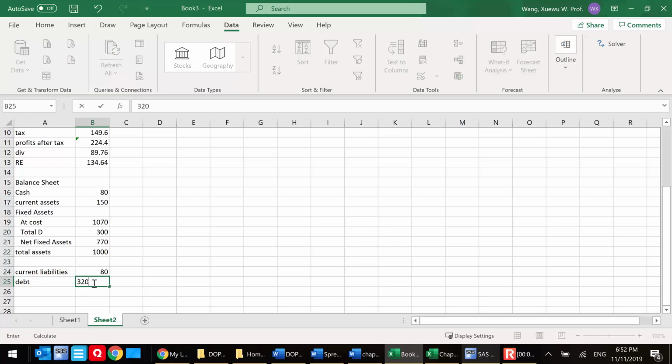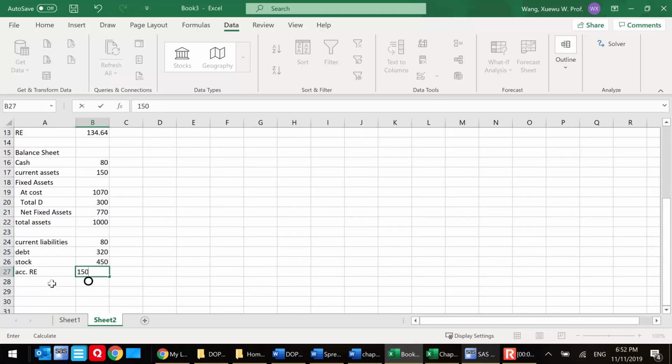Debt is actually 320. And you have the stock, which is actually 450. And then you're going to have the accumulated retained earnings. So that's going to be 150. And therefore, you can now have total liability plus equity. So I'm just going to add up all these numbers, and they should be equal to total assets. Yes. So this balance sheet is balanced.